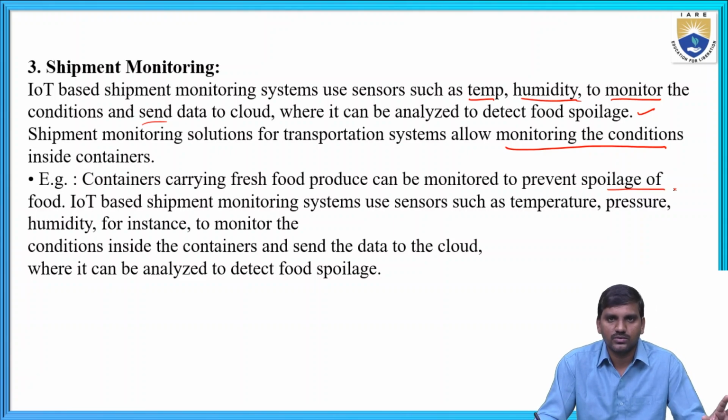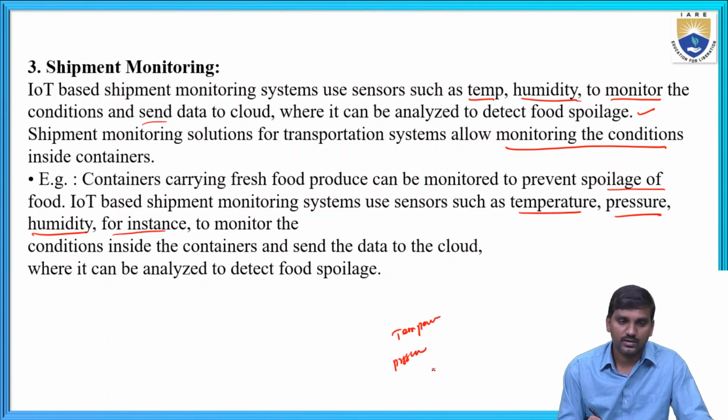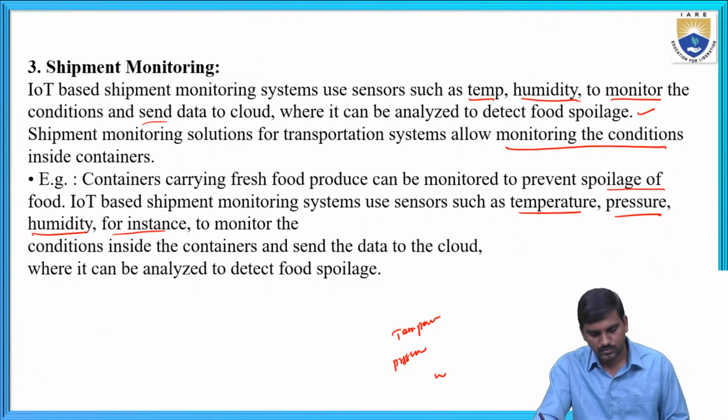An IoT based shipment monitoring system can use sensors such as temperature, pressure and humidity to monitor the conditions inside the container, and send the data to the cloud where it can be analyzed to detect food spoiling. So this is about the real time shipment monitoring system.